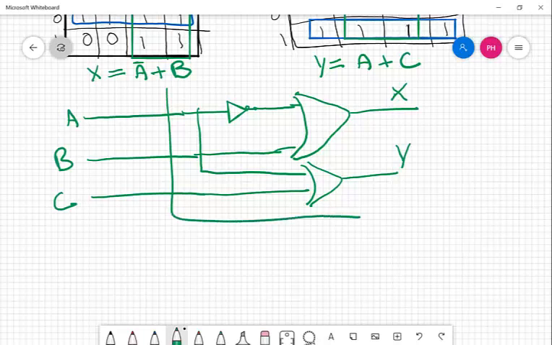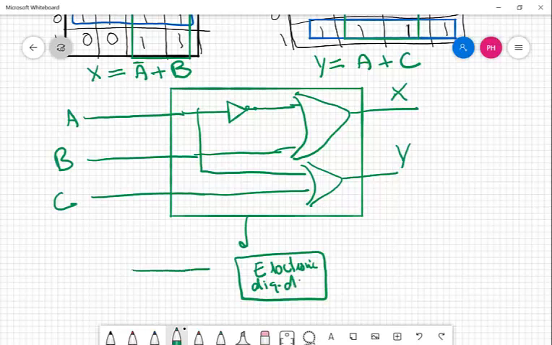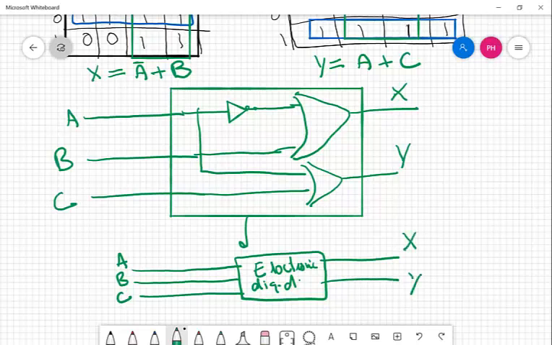This thing I can represent basically as a block, and I can call it an electronic digital device that accepts binary data as input in terms of a, b and c, and according to the hardware inside processes the input and gives the output as x and y.